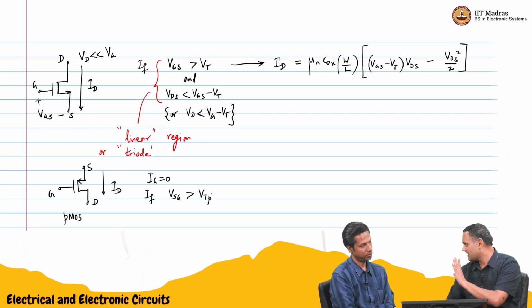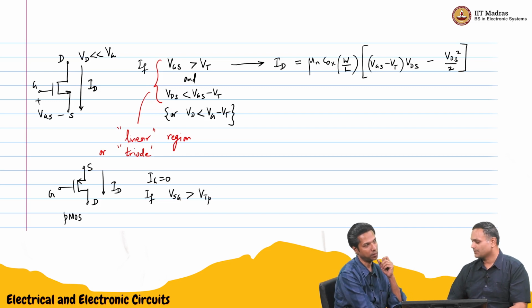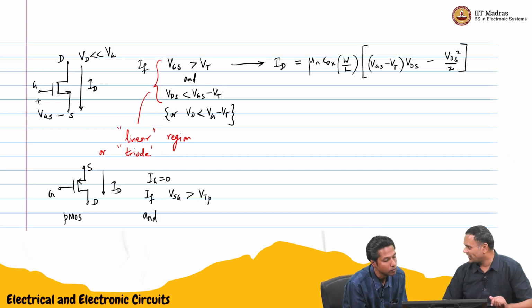Same way here, if you change VGS to VSG, and VDS to VSD, you can see some similarity between the equations. But the mu will change. So the condition is VSG should be greater than VTP.